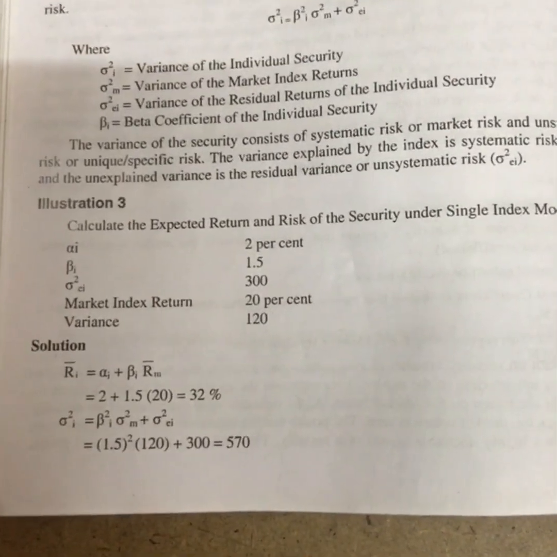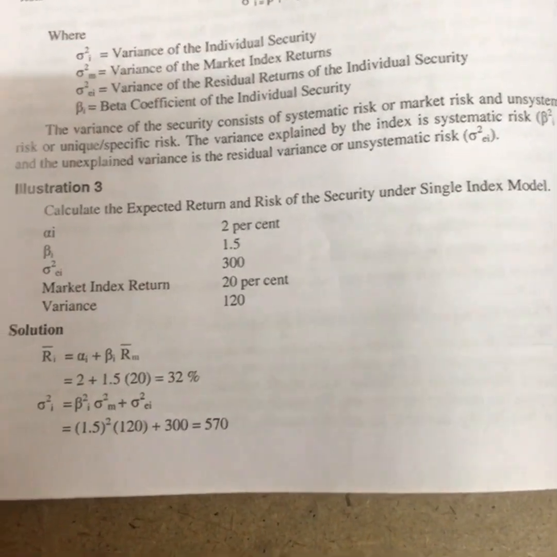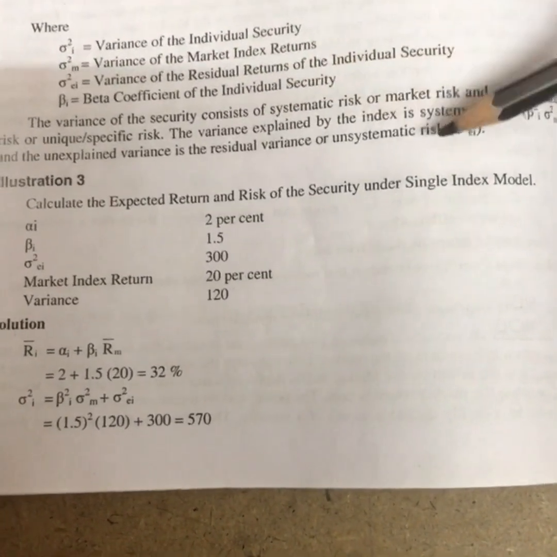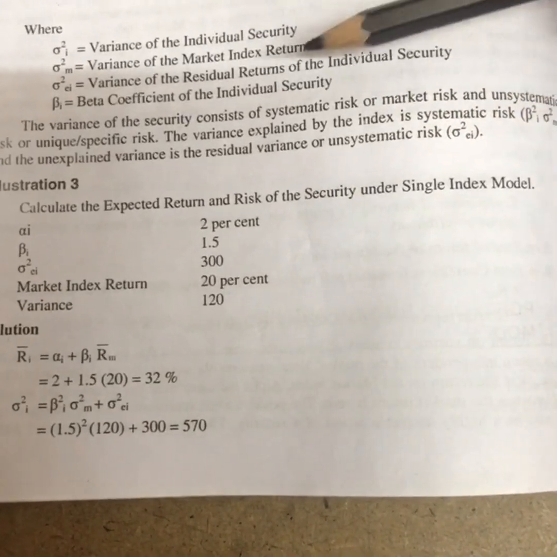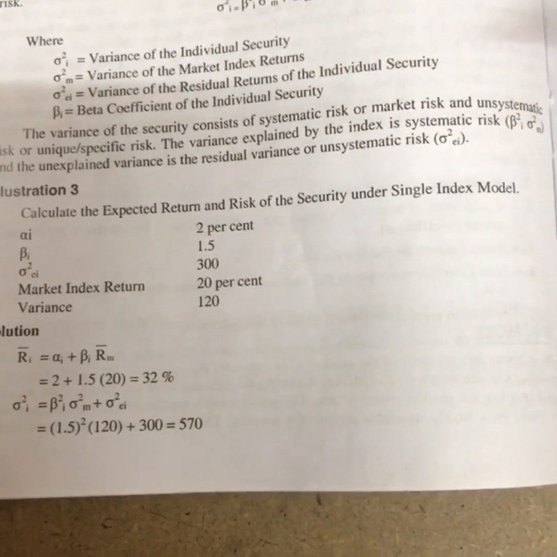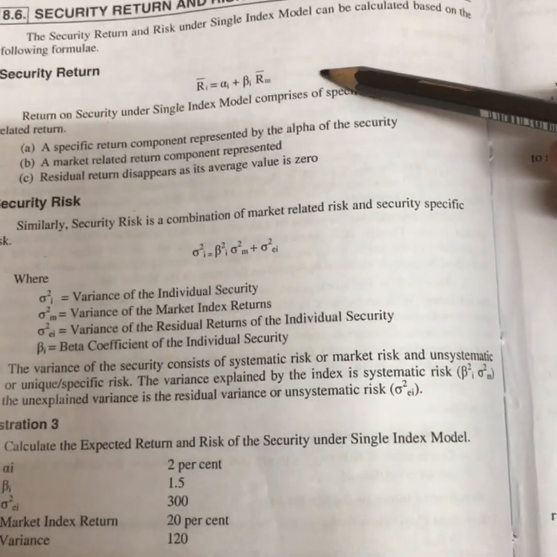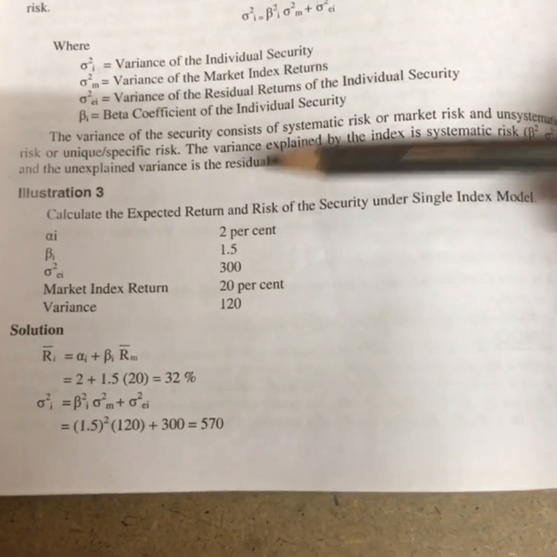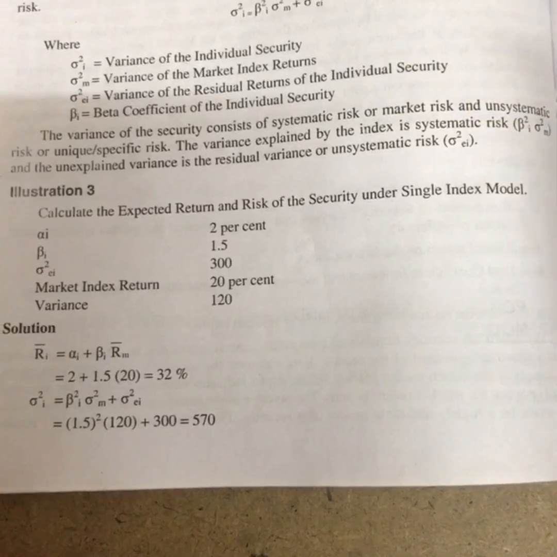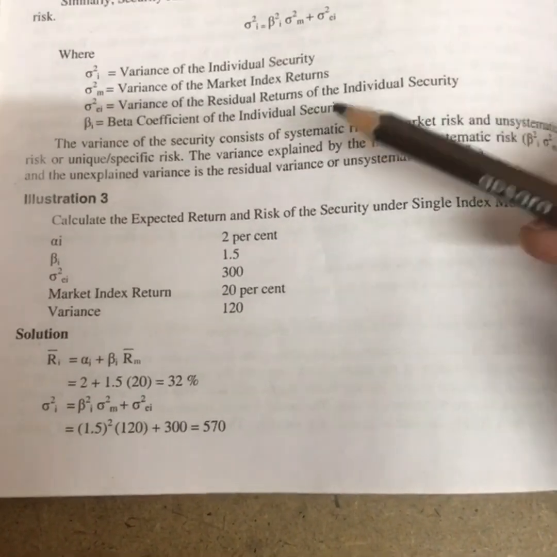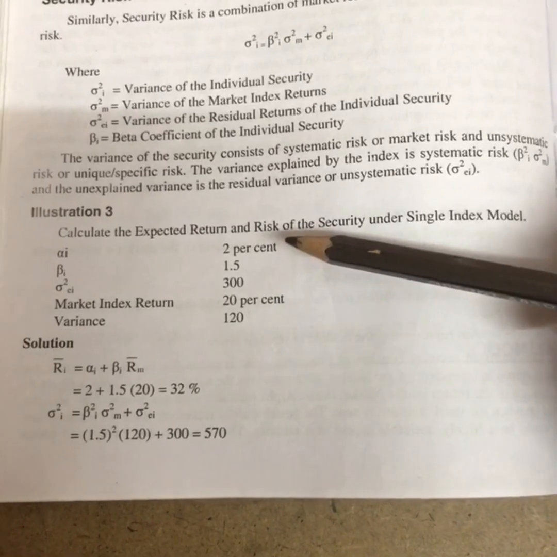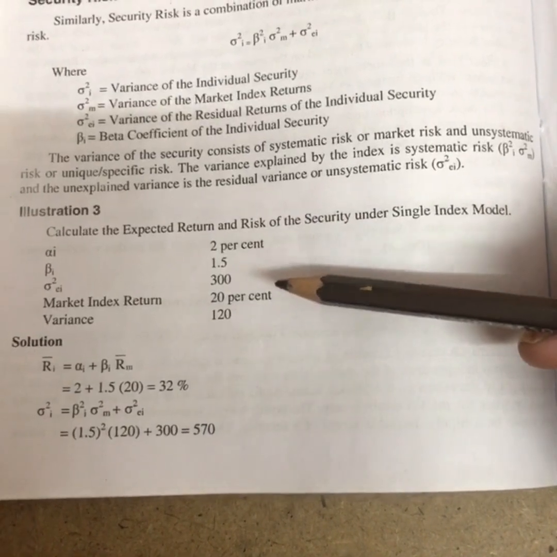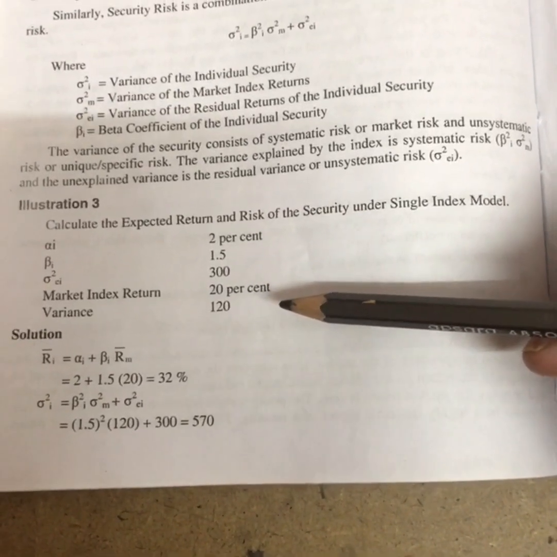Now we will see one problem under the single index model, girls. Calculate the expected return and risk of the security under the single index model. Return means we will use this formula, risk means we will use that formula. They have given you alpha i as 2%, beta i is 1.5, variance Ei is 300, market index return is 20%, and variance is 120.